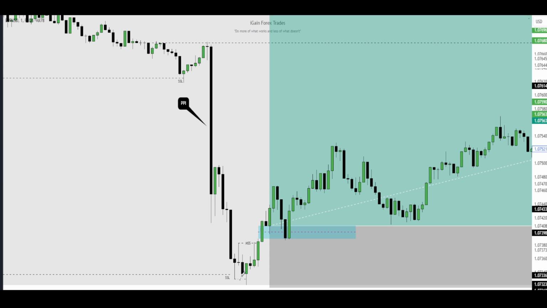So here you go, guys. So we have a sweep in this sell side liquidity, another sweep, and then a market structure shift happened. And we have here this fair value gap. So entered at this fair value gap.